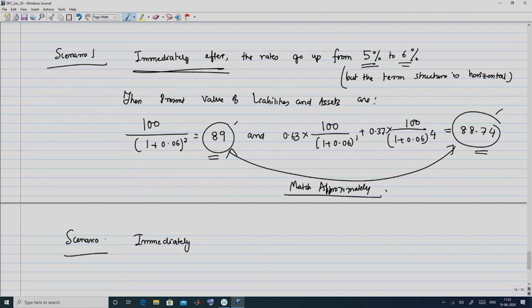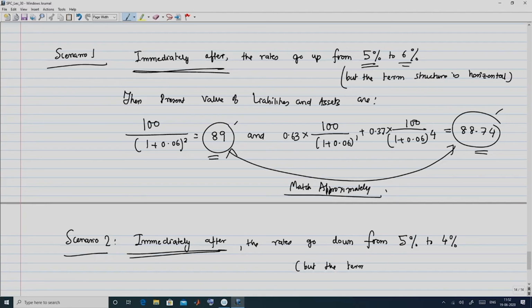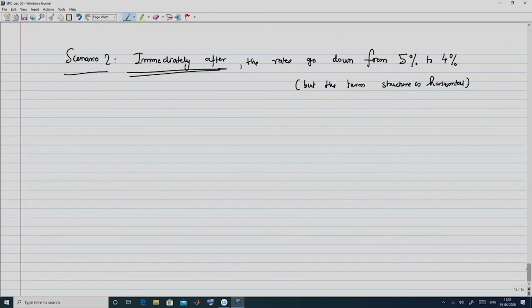So the assumption is that immediately after, the rates go down from 5% to 4%, but as before the term structure is still horizontal. So now instead of 5% being the interest rate for all maturities, it is now 4%.